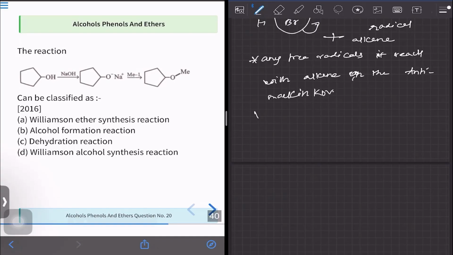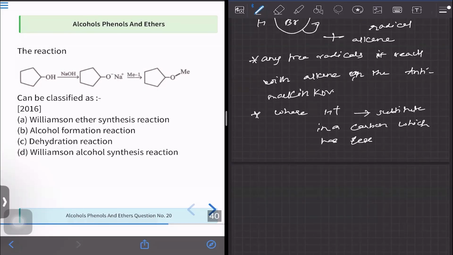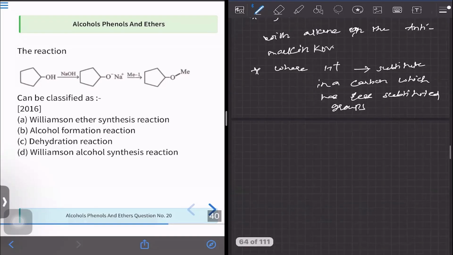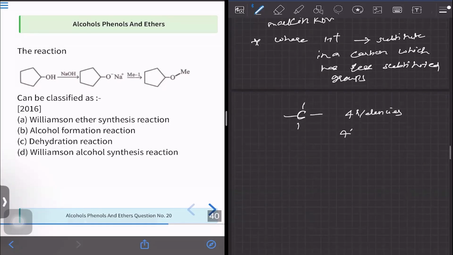In this rule, H plus attaches to the carbon which has fewer substituted groups. We all know carbon has four valencies and can form four bonds.